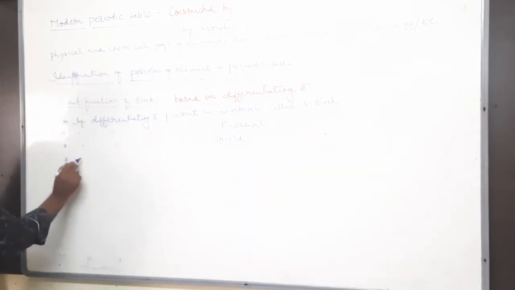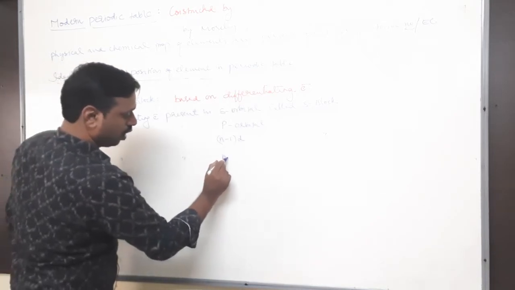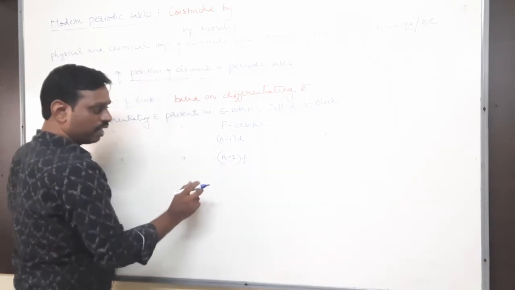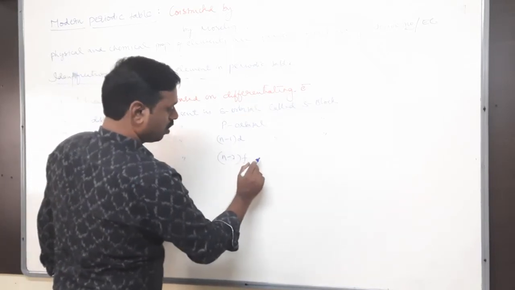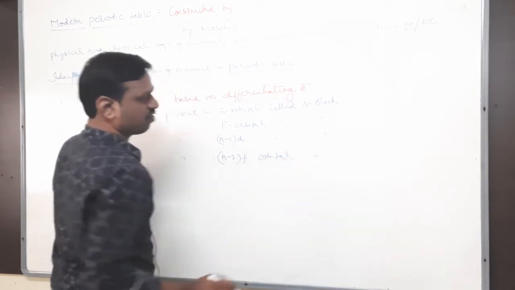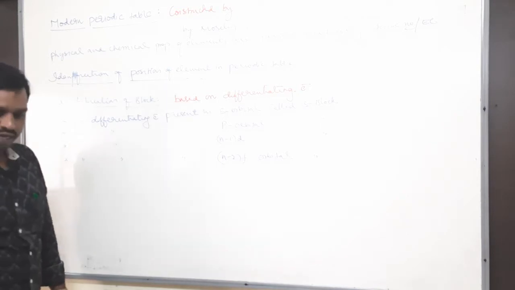And finally, if the differentiating electron enters into n minus 2 f, the antipenultimate f orbital, it is called f block.